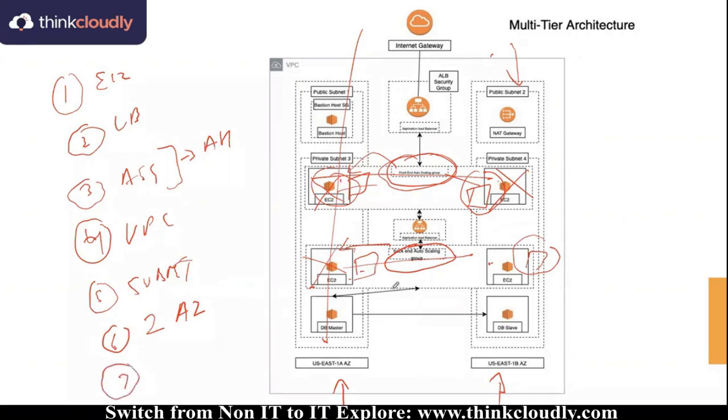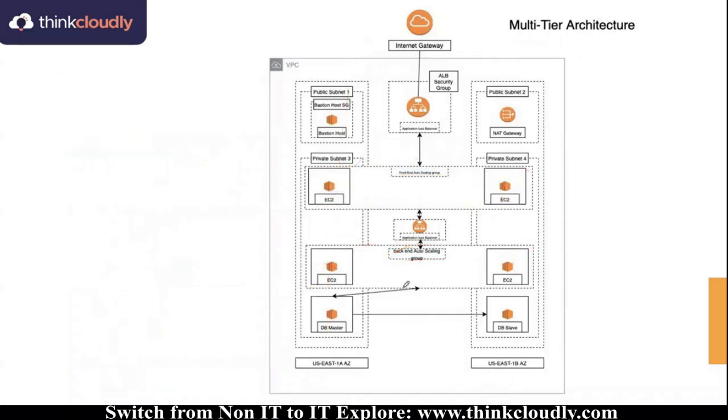So we understand the basic nuts and bolts. Let's look at some of the more security we see in this diagram. If you see, this is public subnet, this is public subnet, and this is private subnet, and this is private subnet. We are keeping these 3 servers into private and these 3 servers into private.